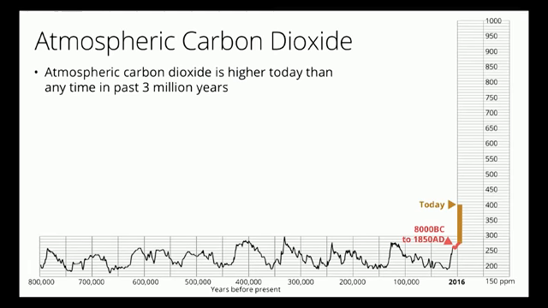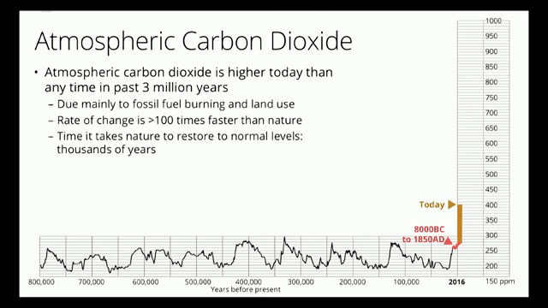Atmospheric carbon dioxide, if you look at it, we only have ice cores that go back so far, but there's a lot of strong evidence that carbon dioxide hasn't been this high in at least 3 million years. It's gone up over the 20th century because of burning of fossil fuels, mainly, and some land use, clearing land. The rate of change is 100 times faster than nature.